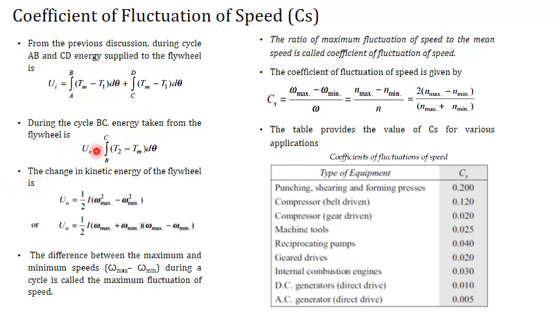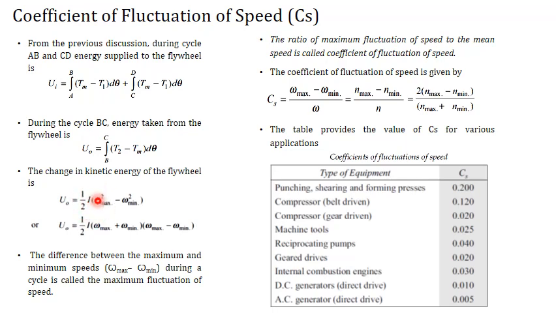So during this period there is a change in kinetic energy of the flywheel. The total change in kinetic energy is from maximum speed to minimum speed. So that can be computed as half I into omega max square minus omega min square.